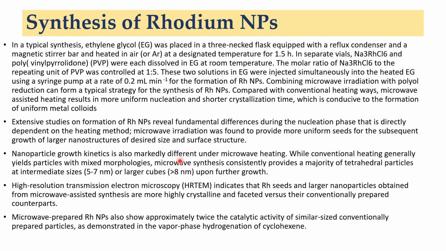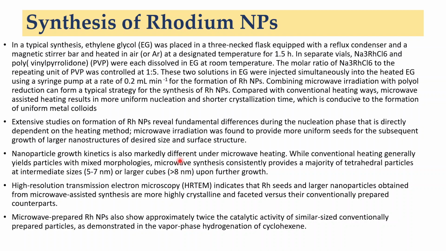The high resolution transmission electron microscopy, that is the HRTEM, indicates that Rh seeds and larger nanoparticles obtained from microwave assisted synthesis are more highly crystalline and faceted versus the conventionally prepared counterparts. The microwave prepared Rh nanoparticles also show apparently twice the catalytic activity of similar size conventionally prepared nanoparticles, as demonstrated in the vapor phase hydrogenation of cyclohexane.